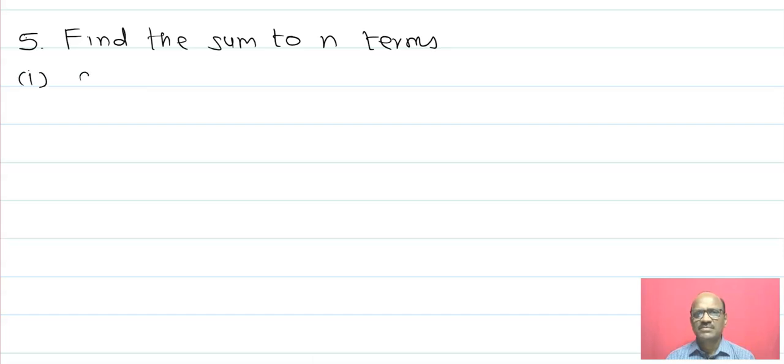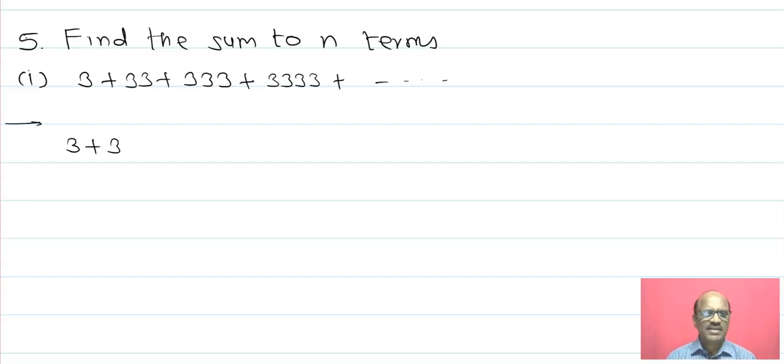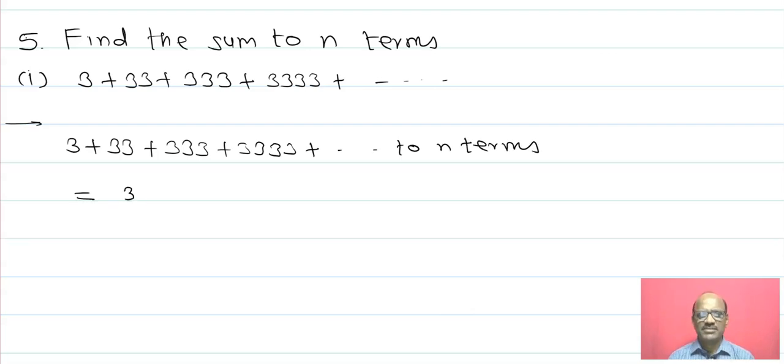Now the next problem, number 5. Find the sum to n terms: 3 plus 33 plus 333 plus 3333, and in this way up to the n terms.